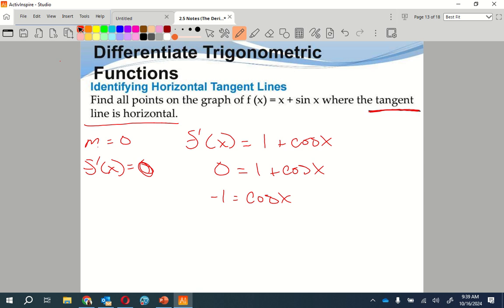Okay. So I already know that right there. But mathematically, I'm gonna need to actually do a little bit more complicated problems on this. So I need to actually get x by itself. Anyone recall, how would I get the x out of the cosine x?